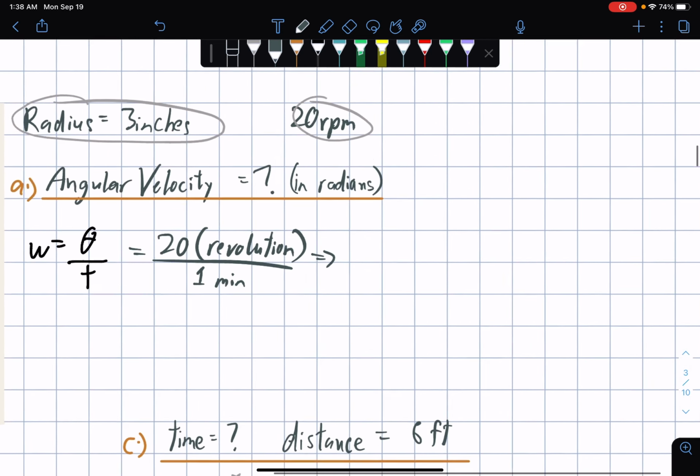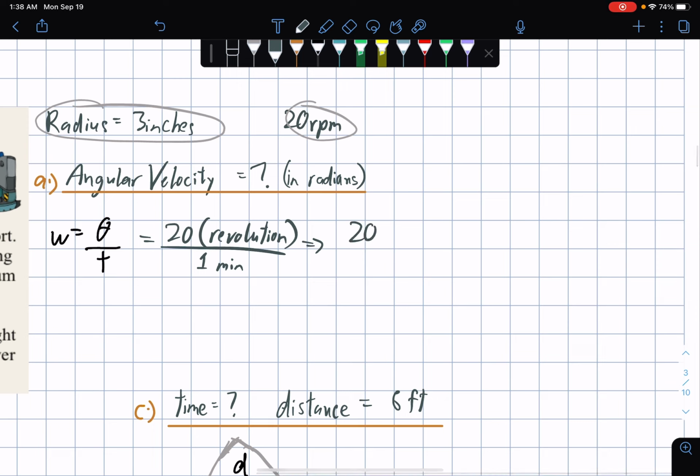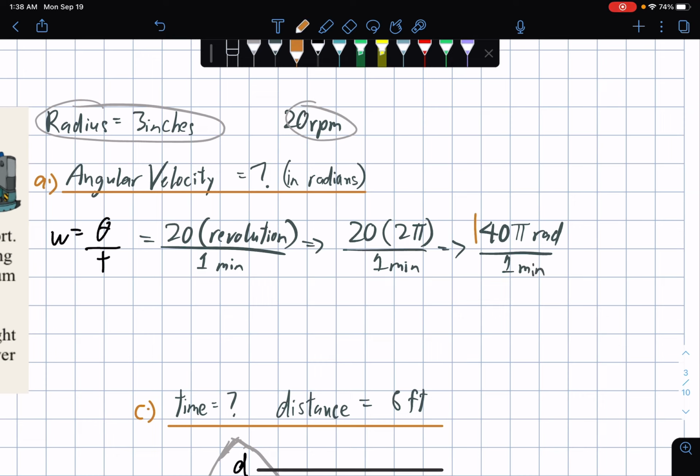So 20 times 2 pi over 1 minute, we get 40 pi rad over 1 minute. So I think this is the angular velocity. This is the final answer.